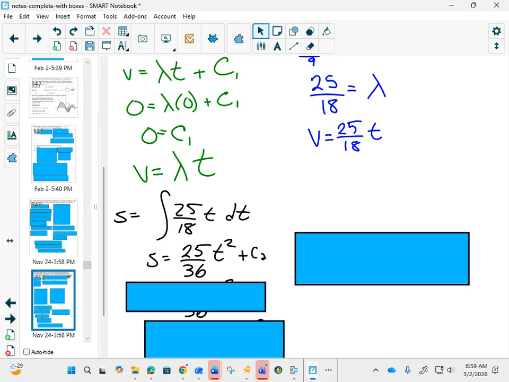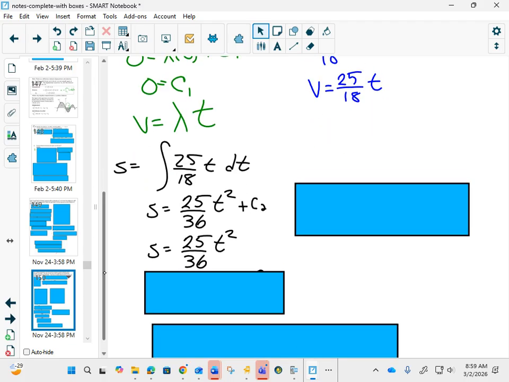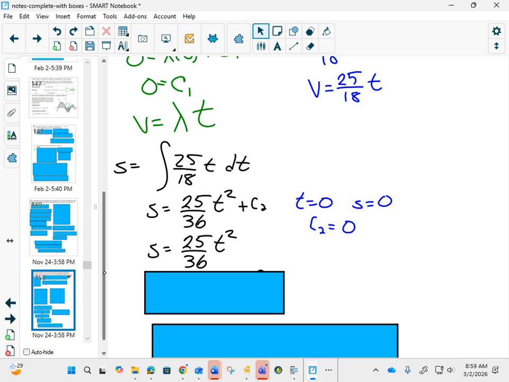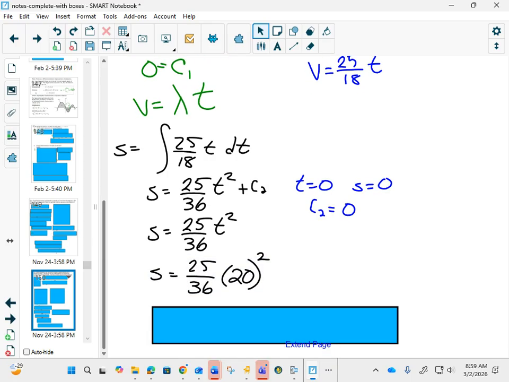Add 1 to the exponent and divide. Again, you know that your initial displacement is 0 when time is 0, so that means C2 is 0. Plug in 20 seconds.